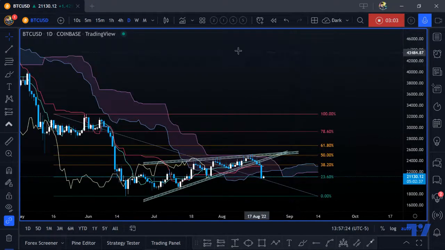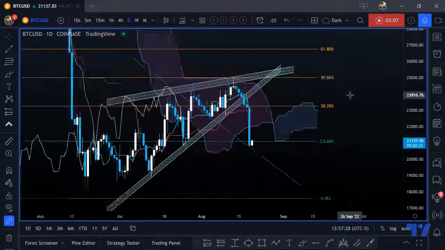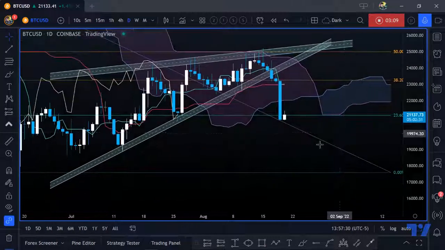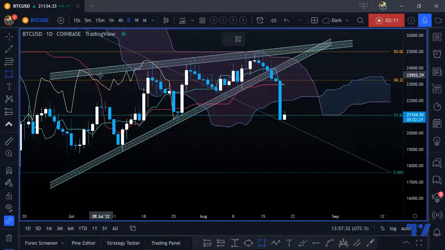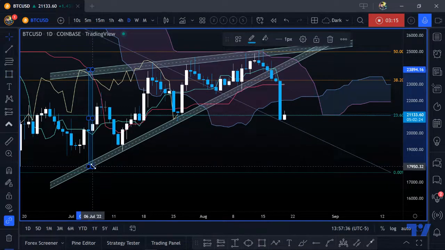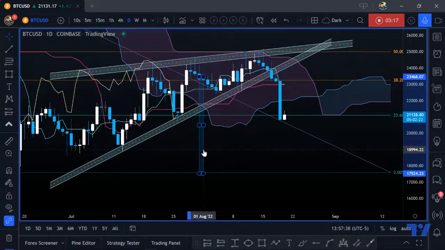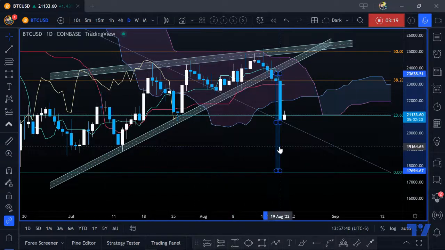Okay, so if price keeps going lower, I think the target of this chart pattern is the height of the pattern itself.